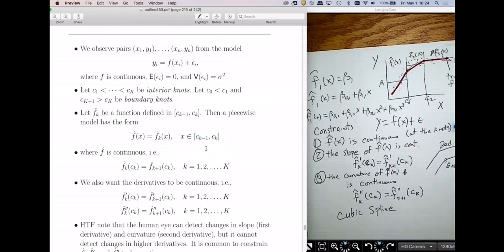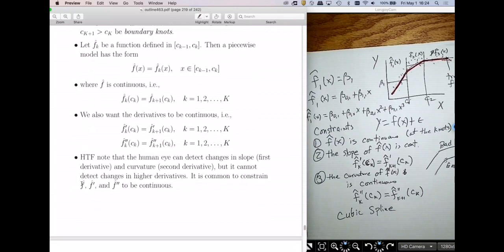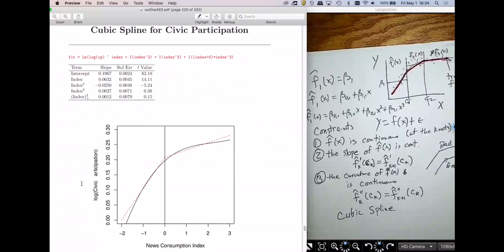What sorts of constraints do I have? Well, f has to be continuous, and so do the first two derivatives. If you read Hastie, Tibshirani, and Friedman, which is the more advanced book that our authors wrote, they just mention that the reason we do this is because the human eye can detect these other changes.